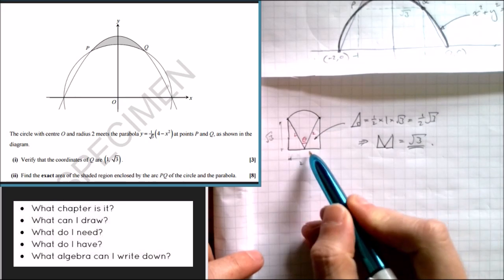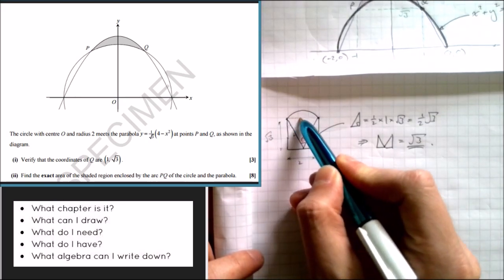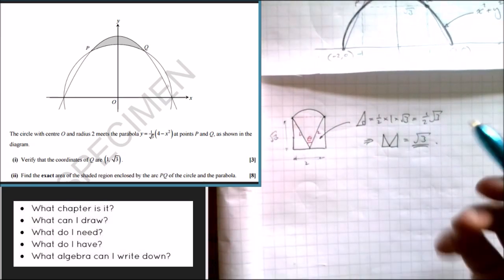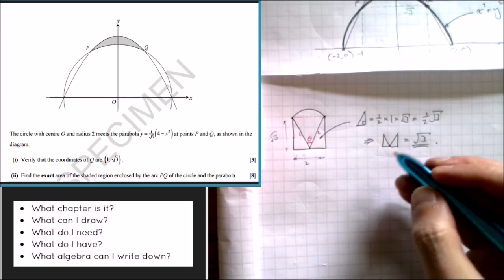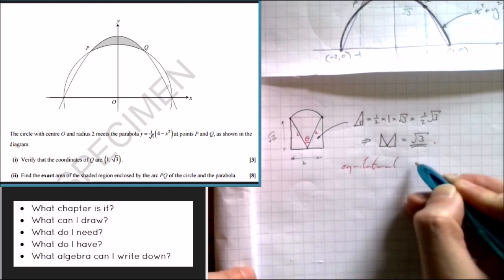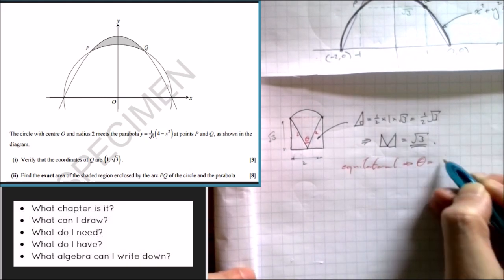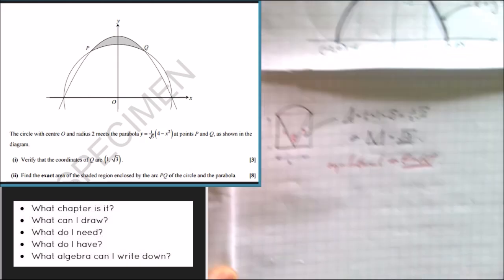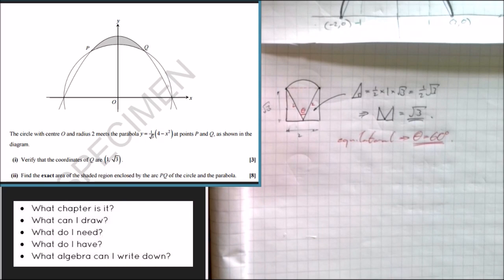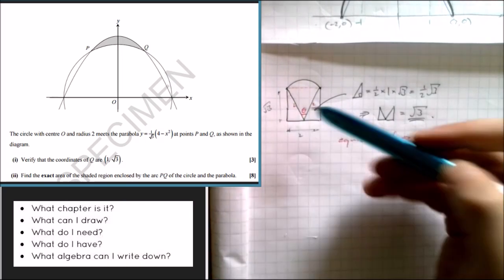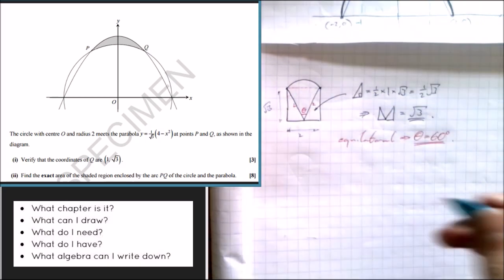That definitely would get it, but a bit of a shortcut: we have a triangle here that's 2, 2, 2. That's an equilateral triangle. I know straight away that theta is 60 degrees. Don't worry if you didn't notice that. You could have used SOH CAH TOA, but I quite enjoyed spotting that.